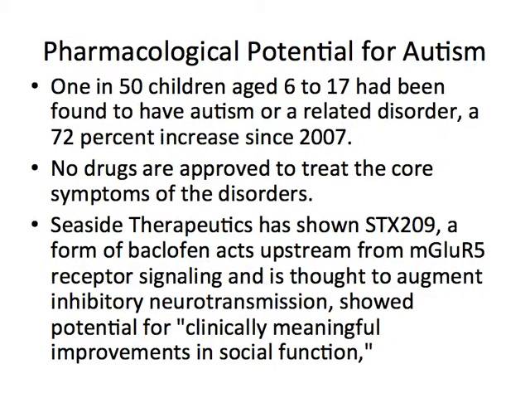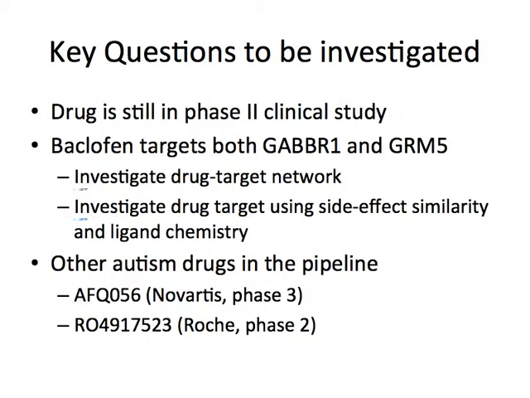As recently as December of 2012, Seaside Therapeutics, an entity in Spain, has shown STX209, a form of baclofen, acts upstream from mGlu5 receptor signaling and is thought to augment inhibitory neurotransmission, showing potential for clinically meaningful improvements in social function. The drug is still in phase 2 clinical study.